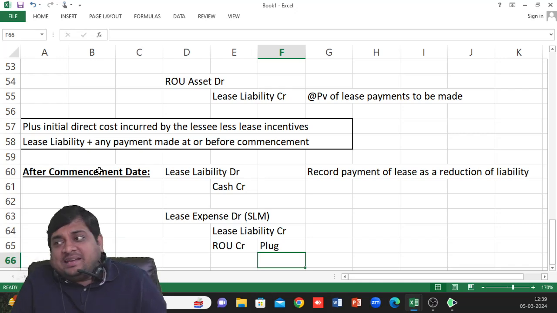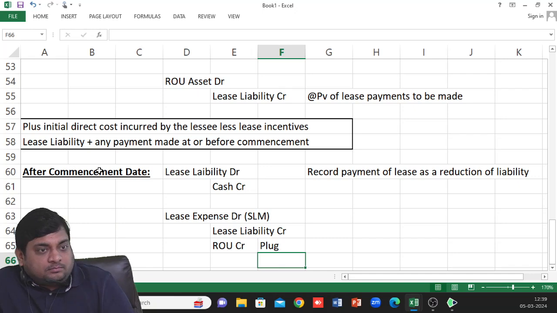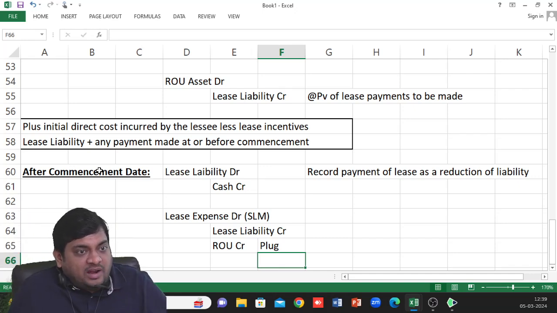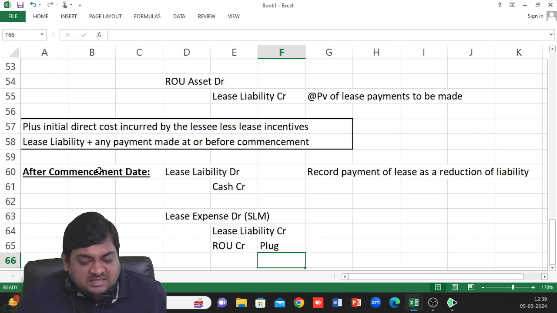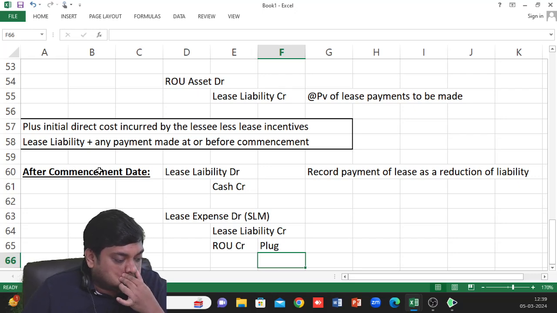In case of operating lease, the lease expense over the year is the same. The amount of lease expense that I will show over the year is the same.